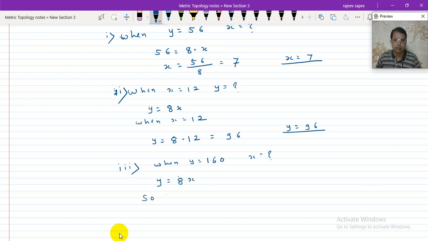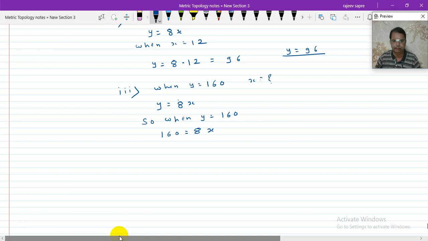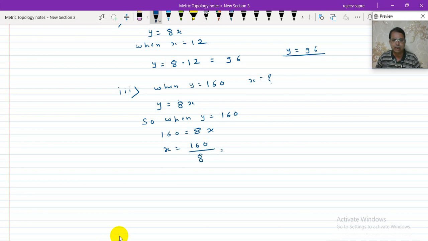So when y is equal to 160, what you get is 160 is equal to 8x. So what will be x? It will be 160/8. What is 160/8? Use the table of 8, 8 twos are 16, so it will be 20. So what we can say, x is 20.